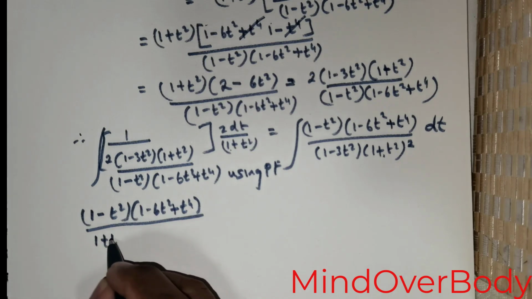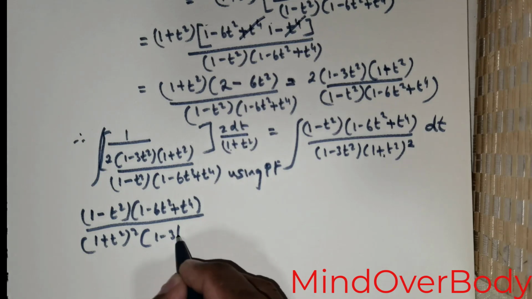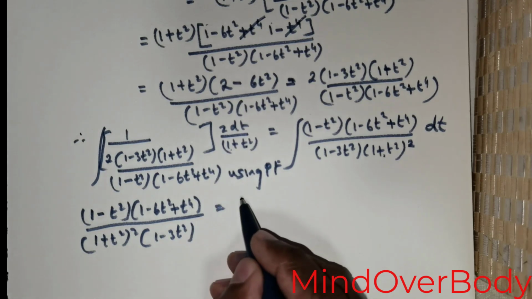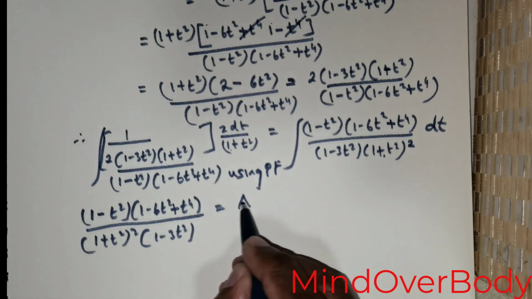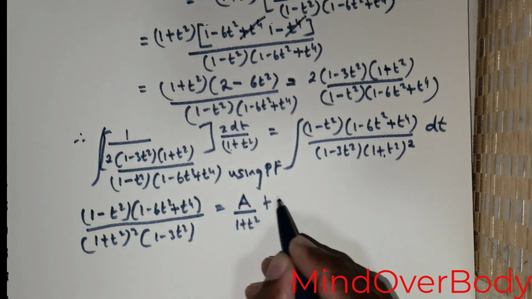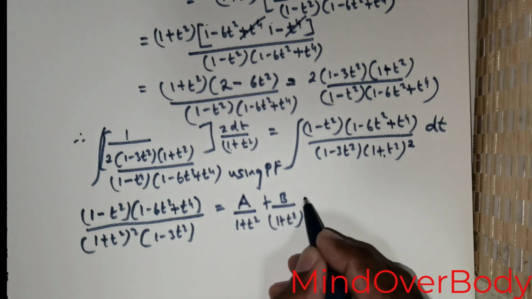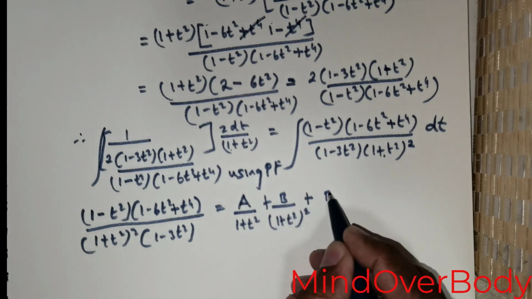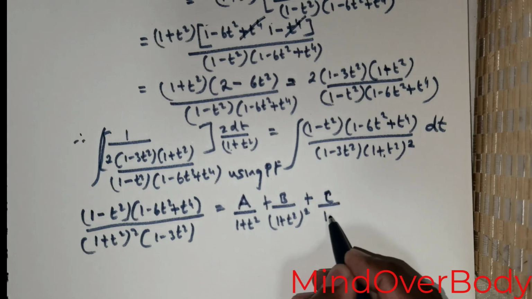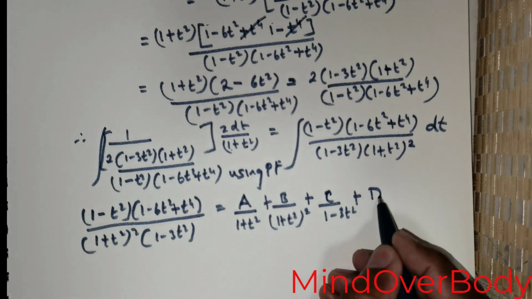I'm going to start by writing (1 + t²)² times (1 − 3t²). So I'm going to rewrite this in the form of partial fractions, which is nothing but A over (1 + t²) followed by B over (1 + t²)² followed by my C over (1 − 3t²) and followed by the constant D.